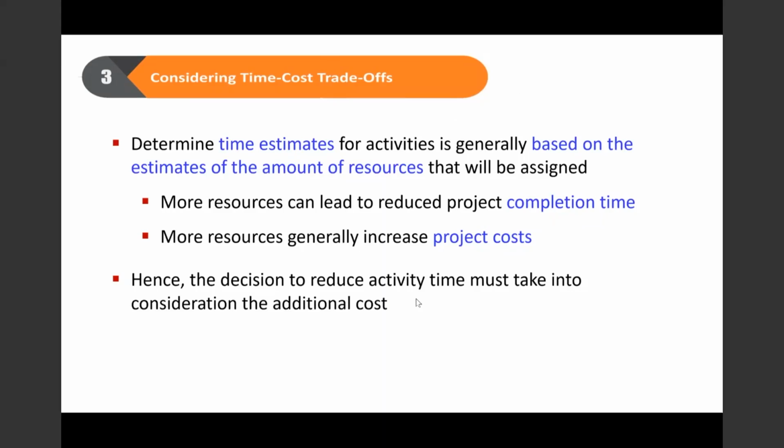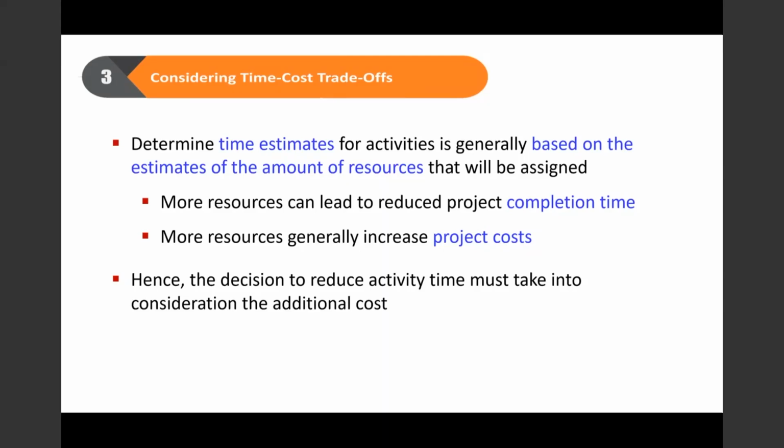The original developers of the critical path actually provided the project manager with the option of adding resources to some of the activities in order to reduce project completion time.